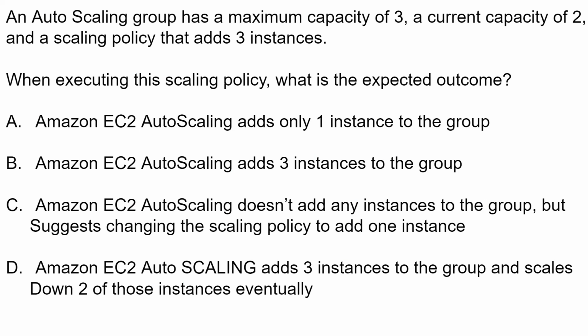B, Amazon EC2 auto-scaling adds 3 instances to the group. C, Amazon EC2 auto-scaling doesn't add any instances to the group, but suggests changing the scaling policy to add 1 instance. D, Amazon EC2 auto-scaling adds 3 instances to the group and scales down 2 of those instances eventually.